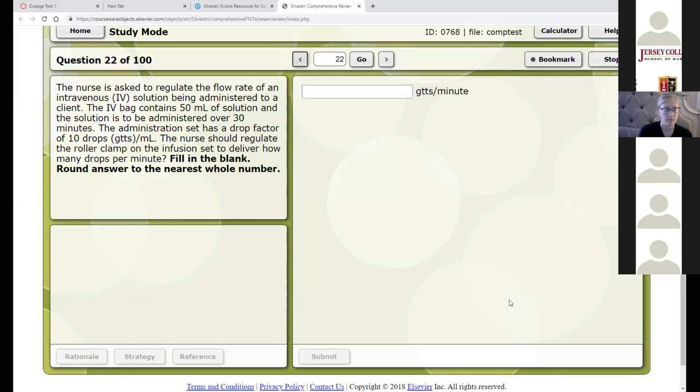This one's pretty easy because everything's already there for you. Your volume is always going to be in mLs, and you have 50. You're giving it over 30 minutes, so your time is already in minutes. And it's saying that there's a drop factor of 10.